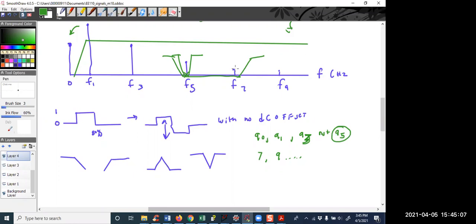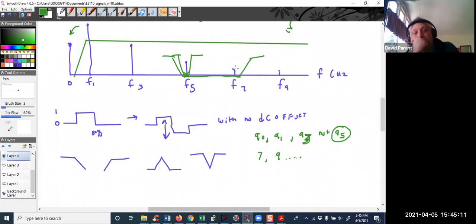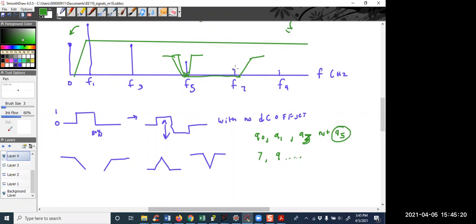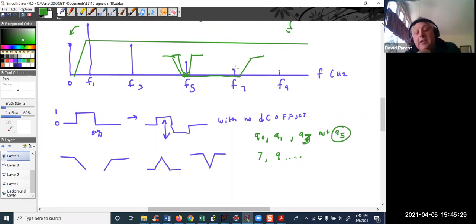So what's with the notch filter? I heard someone say notch filter. Yeah, great, good answer. Hey, Justin, it's a notch filter.